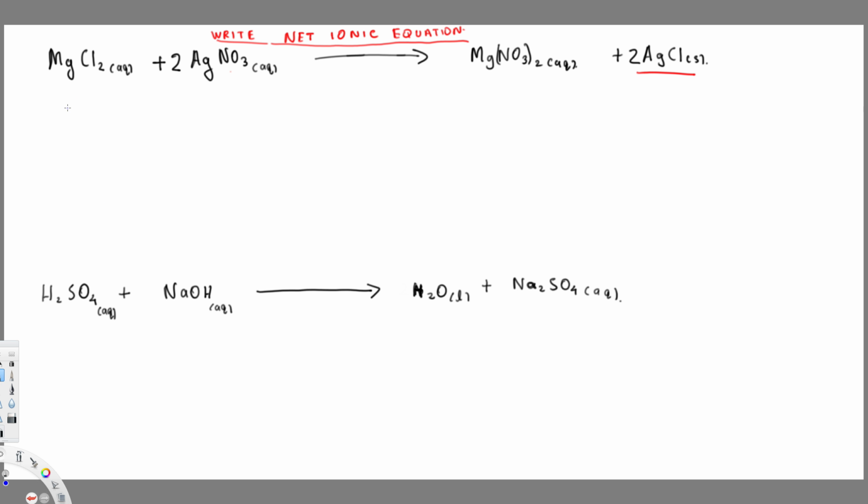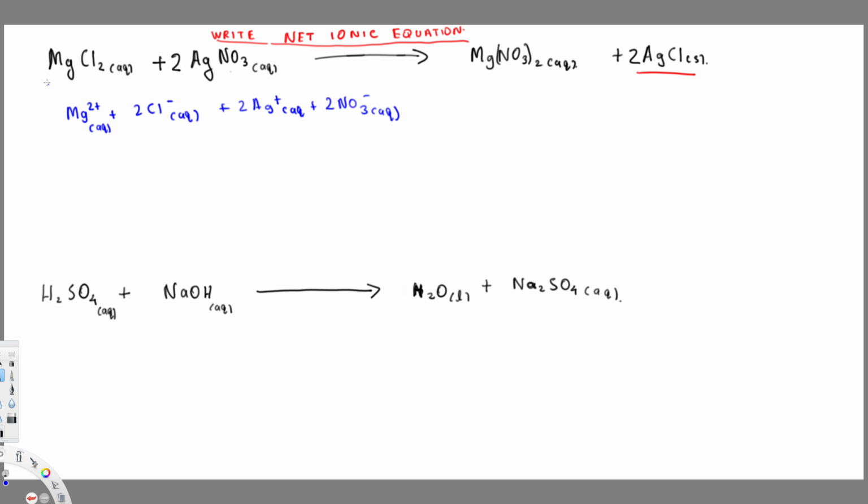So we are going to have Mg2 plus aqueous, 2Cl minus aqueous, plus 2Ag plus aqueous. Then we have NO3 minus, that's going to be 2 NO3 minus aqueous.